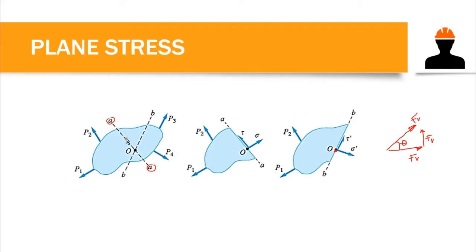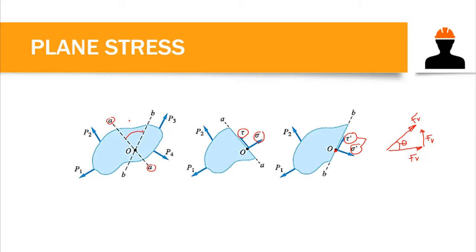If we rotate that at a certain angle theta, our shear and normal stress will also change, or will also have their own components, and these are their transformed stresses. So again, due to rotation of our axis, we would come up with different normal and shear stresses, depending on the degree of rotation or angle.